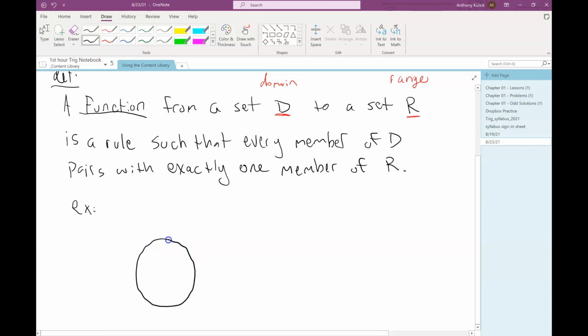So in a mapping diagram, we usually draw two circles, one for the domain and one for the range. And then we'll put a dot to represent some values in the domain and a dot to represent some values in the range. I'm just going to call them generically x1, x2, x3, and y1, y2, y3.